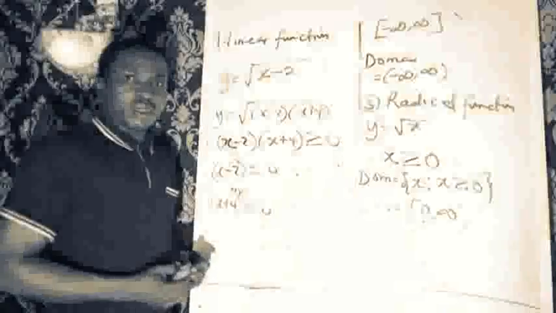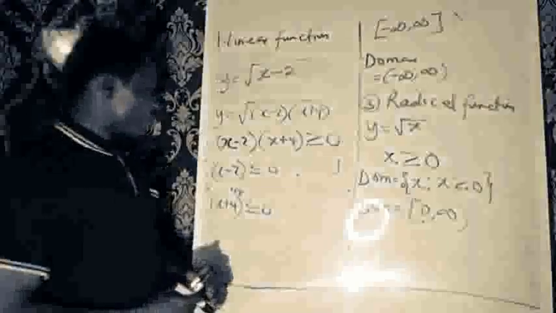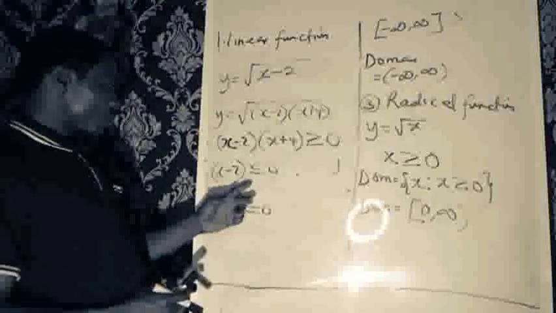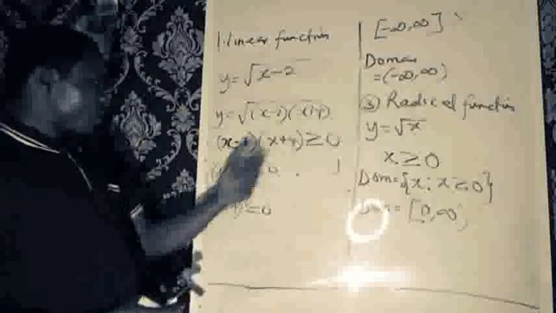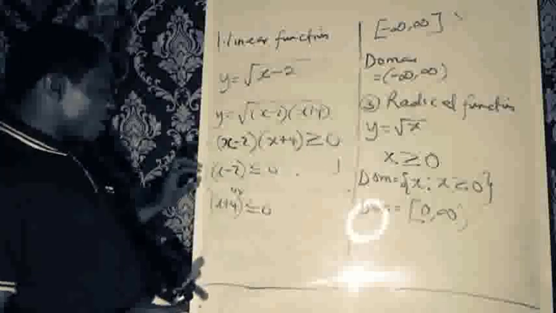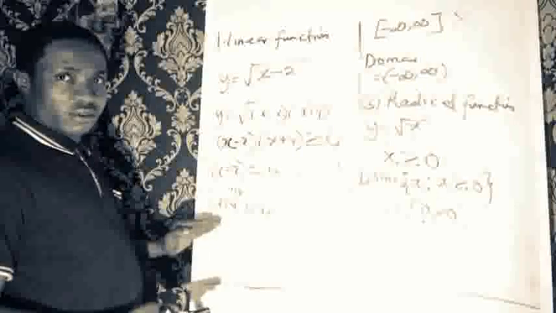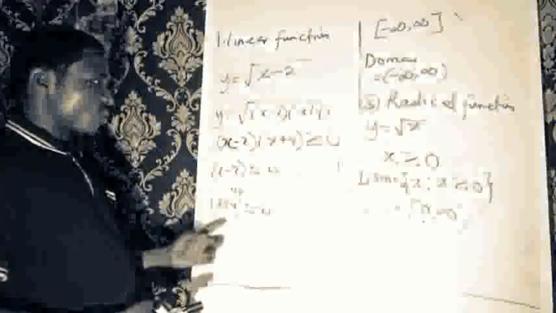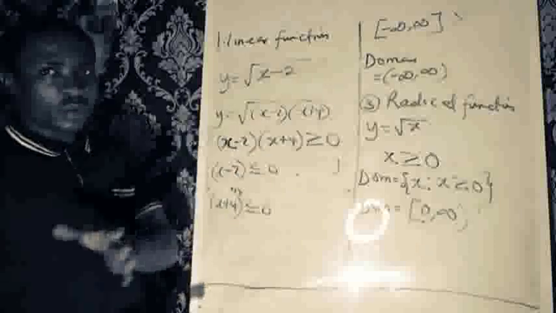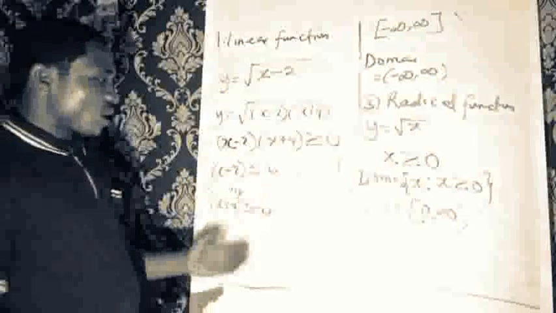What does this mean? For this to be greater than 0, it means that either this was negative and this was negative. That's what the statement means. Because negative times negative gives us a positive number. Okay, I'll take the second case.